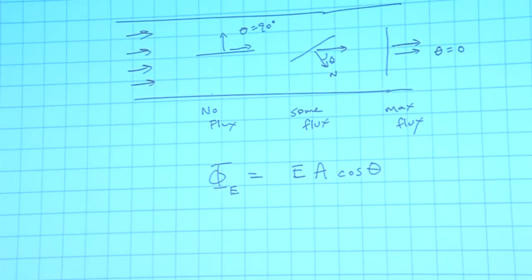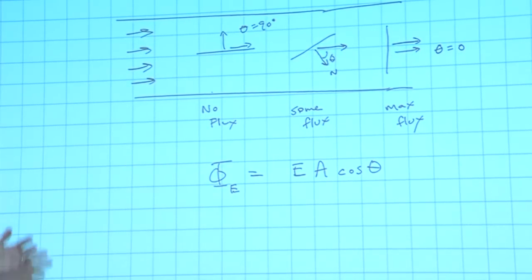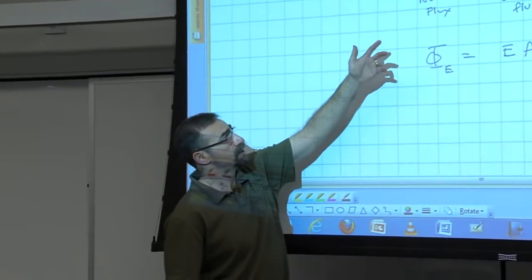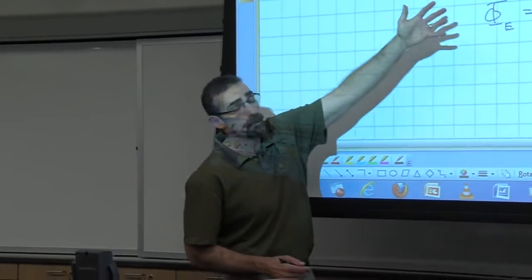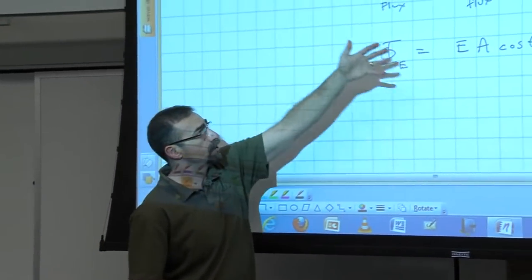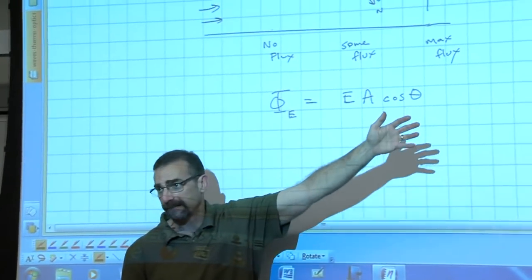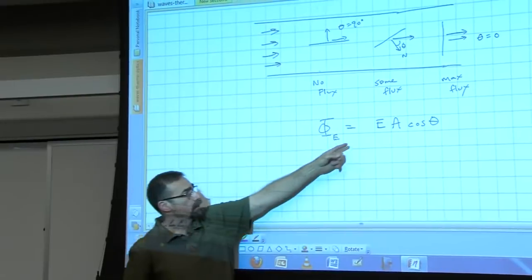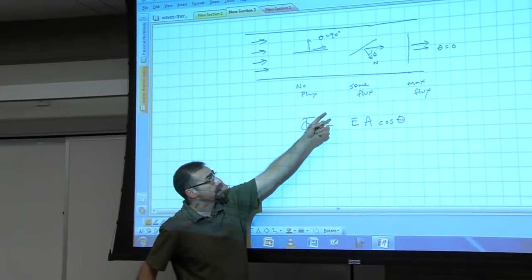And it makes sense, right? The flux, the amount of, in this case it was electric field, it could be water penetrating our fishing net. The amount of flux is proportional to the flow of water, or the strength of the electric field. You increase the flow of water, more water is going to go through your fishing net. If you increase the electric field strength, more electric field lines will penetrate your surface area.